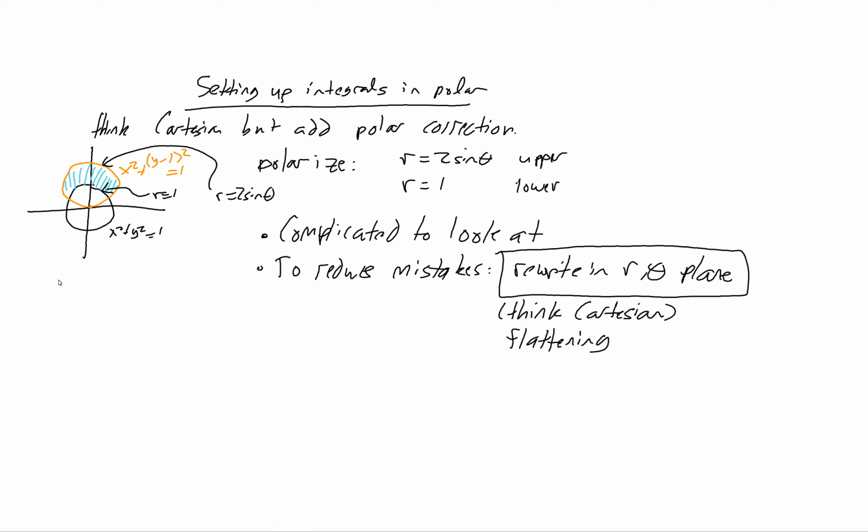So in the r theta region, we plot both curves as r as a function of theta. And again, we're going to restrict to r positive. So 2 sine theta, let's start with that one, roughly speaking. And then we have r equals 1, that's our other curve.